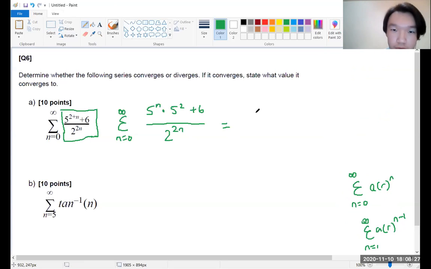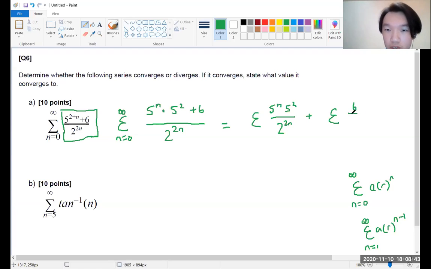So we have one series, which is 5 to the n times 5 squared over 2 to the 2n plus another series, which is 6 over 2 to the 2n. All right. Yep.